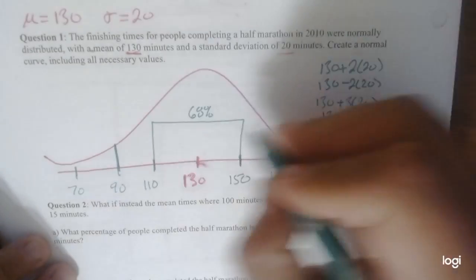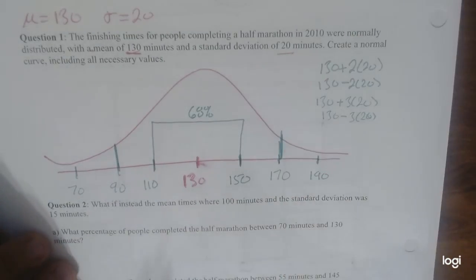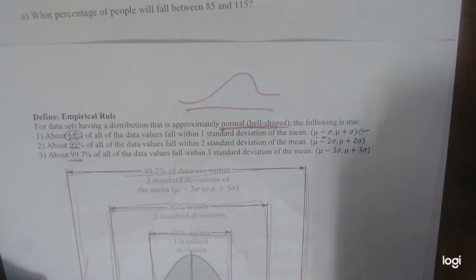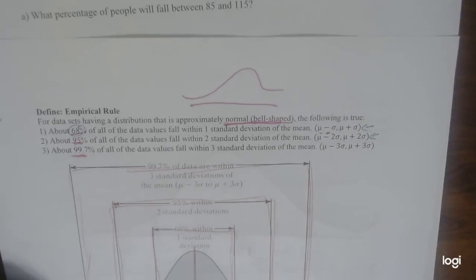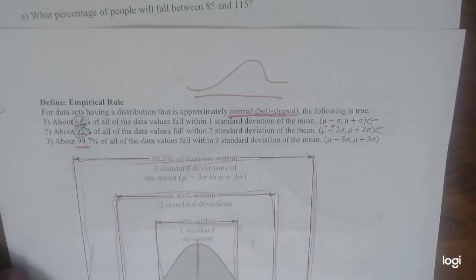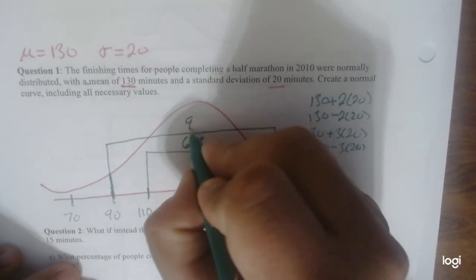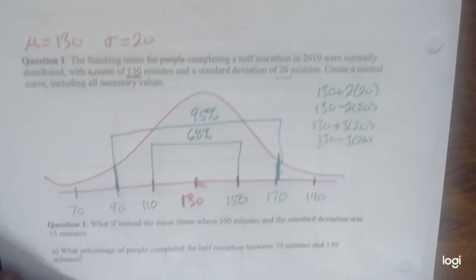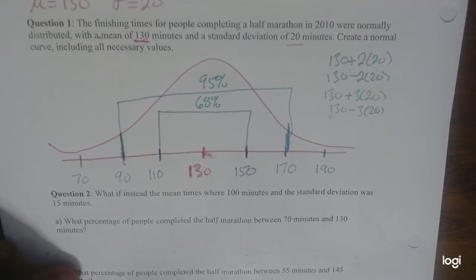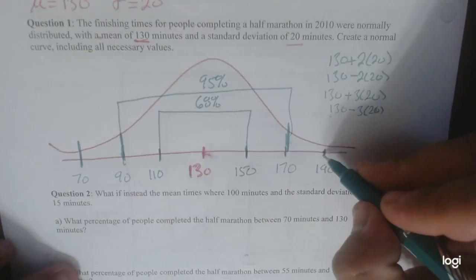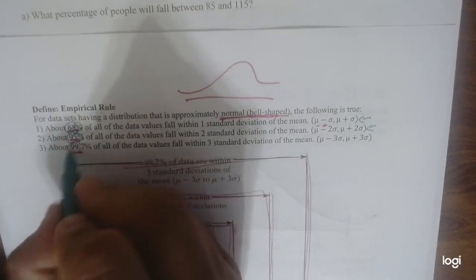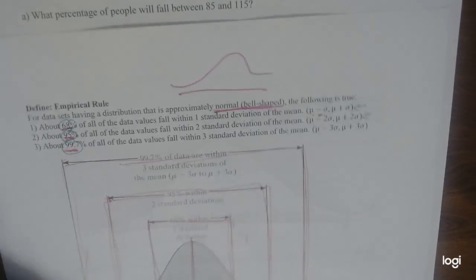What about between 90 and 170? That's 2 standard deviations away, so that guarantees exactly 95%. And finally, 70 and 190 is 3 standard deviations away, and that automatically is 99.7%.